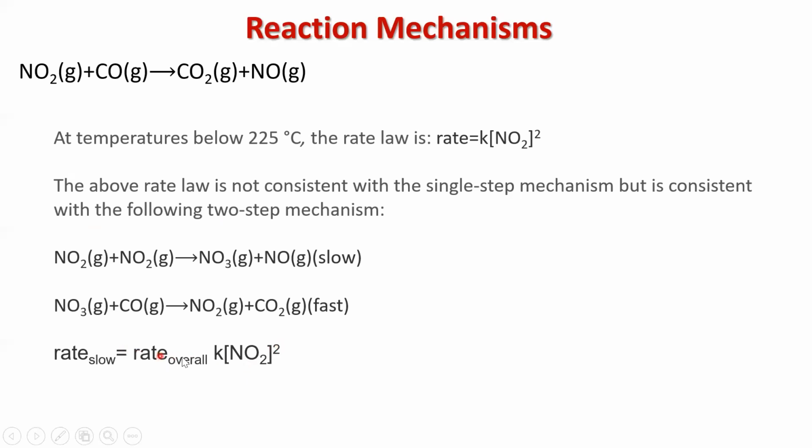So this rate law matches the rate determining step in the mechanism for this overall reaction. The fast step is so fast that it's not going to be controlling the rate. The rate of the overall reaction here can't be any faster than the slowest step. The fast step isn't going to affect the rate.